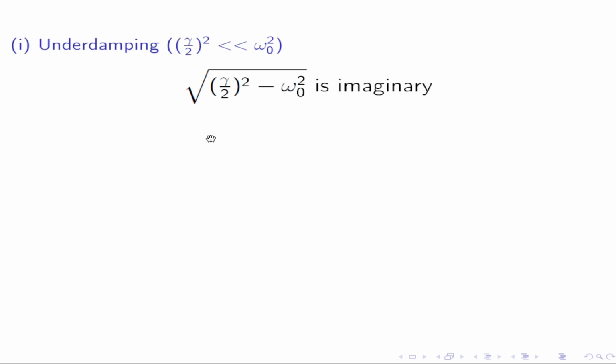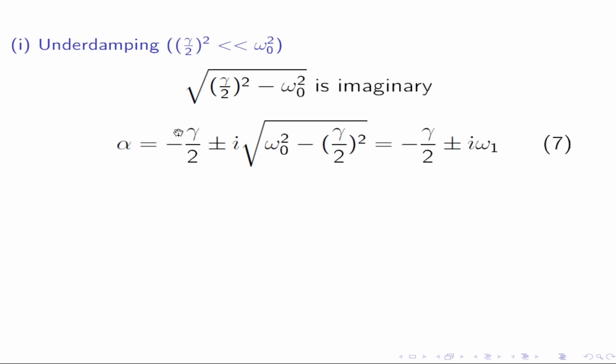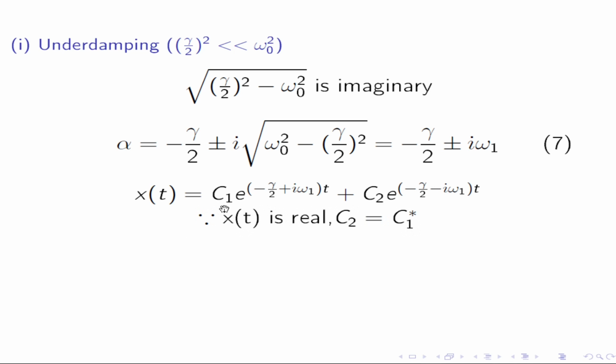In underdamping, the square root of (γ/2)² − ω0² is imaginary. Therefore α = −γ/2 ± i√(ω0² − (γ/2)²), which is equal to −γ/2 ± iω1, where ω1 is the square root of ω0² − (γ/2)². Therefore x(t) = c1 e^((−γ/2 + iω1)t) + c2 e^((−γ/2 − iω1)t). Since x(t) is real, c2 must be equal to c1 star.